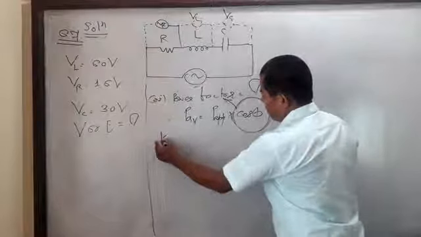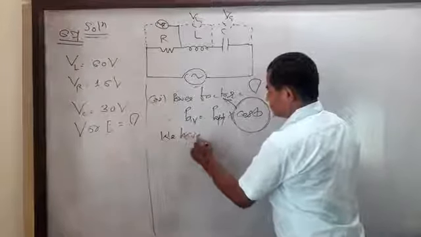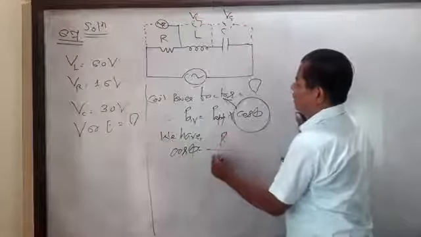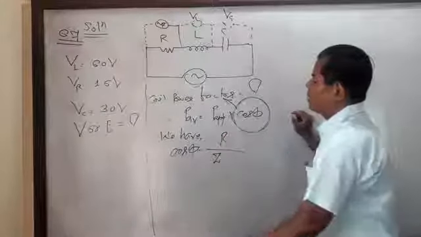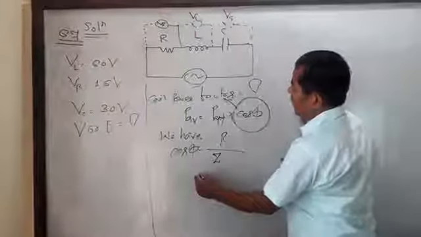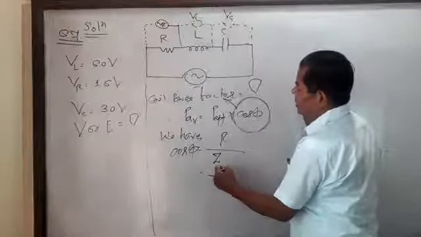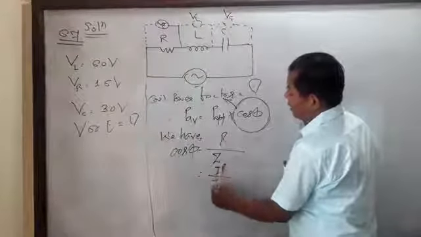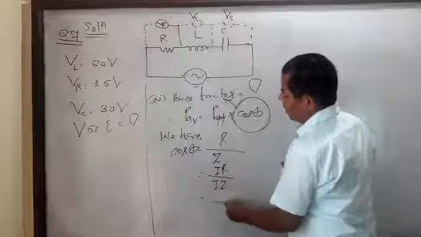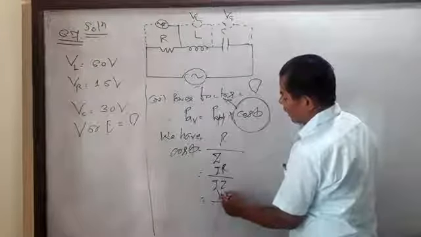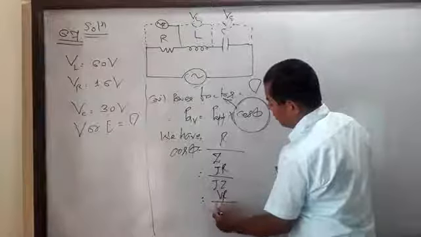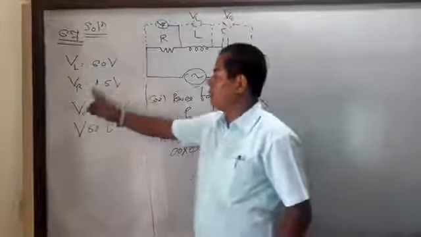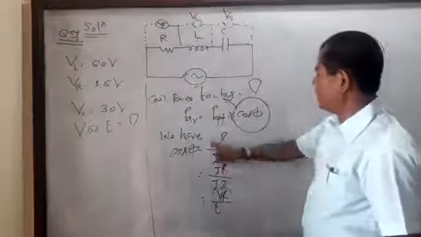So we have cos phi equal to R divided by Z. Multiplying both numerator and denominator by I, we get I into R divided by I into Z. I into R is VR, and I into Z is equal to the applied EMF or E. VR has the value 16 volt, and E is determined from the first step.